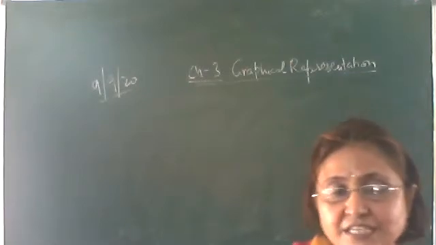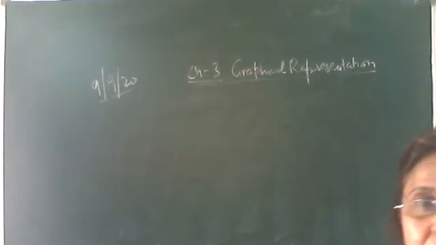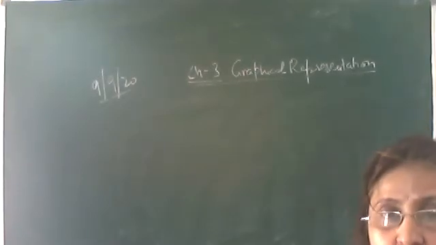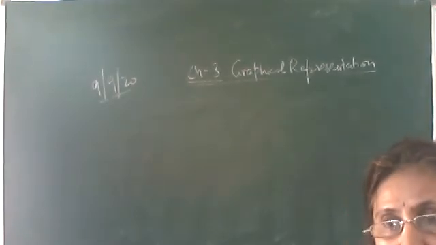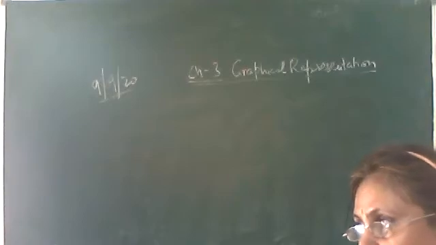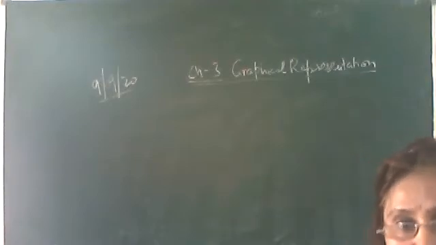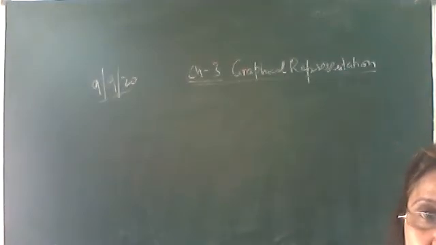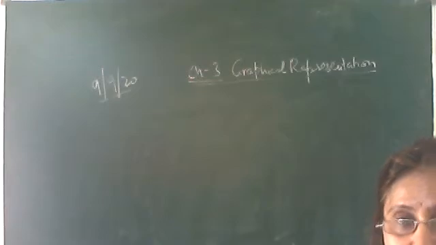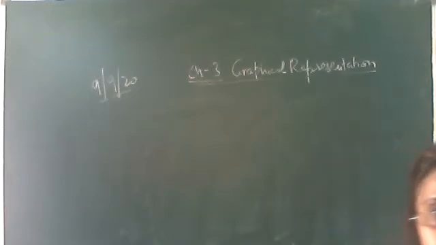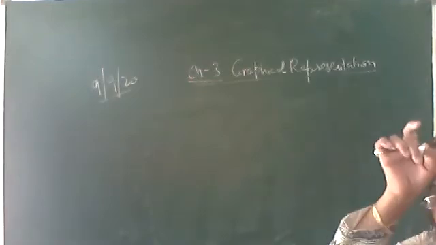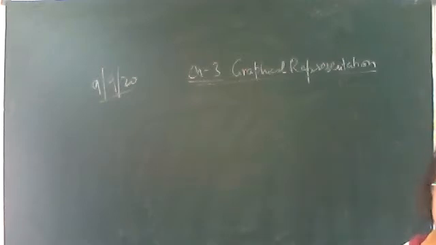Write down the acceleration produced in the body. The acceleration in the body is uniform, is constant, and is termed as acceleration due to gravity.